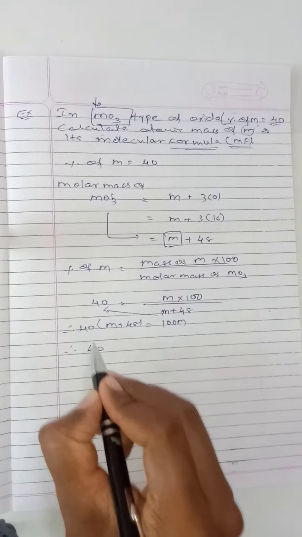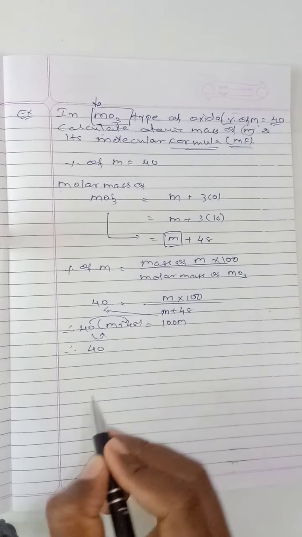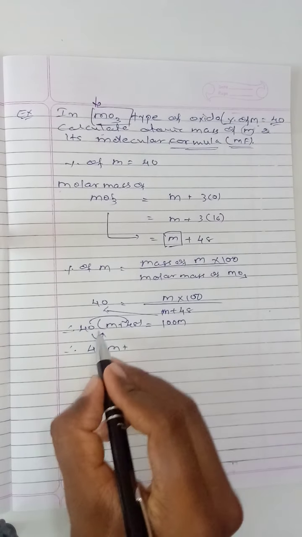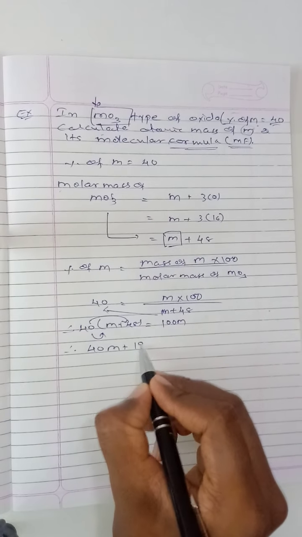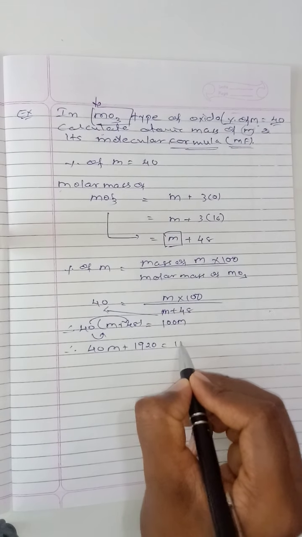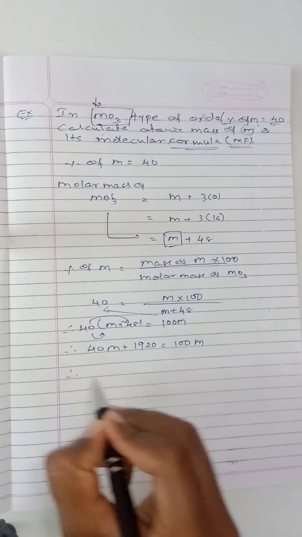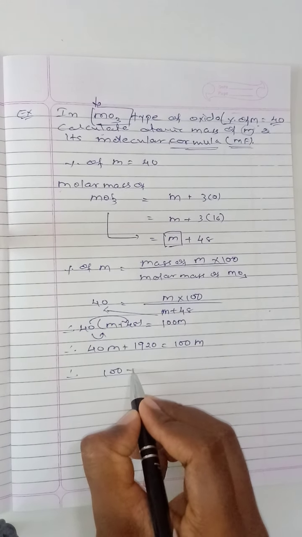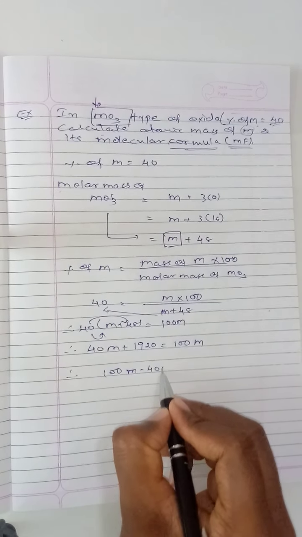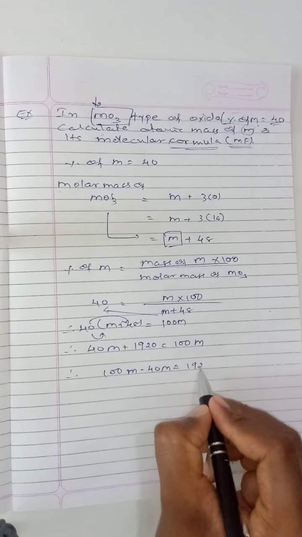Therefore 40M plus 40 multiplied by 48, this will be 1920, equal to 100M. Therefore 100M minus 40M equals 1920.